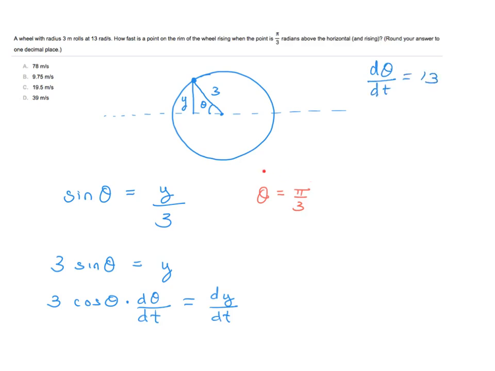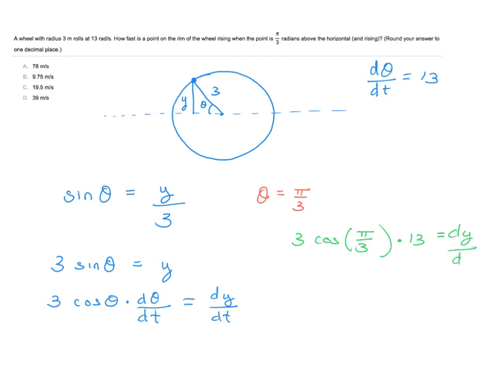We want to know at this exact moment, what is dy/dt? I'm going to plug this information in and see what we get. I have 3 cosine of pi over 3, and I'm multiplying that by 13. This is equal to dy/dt.